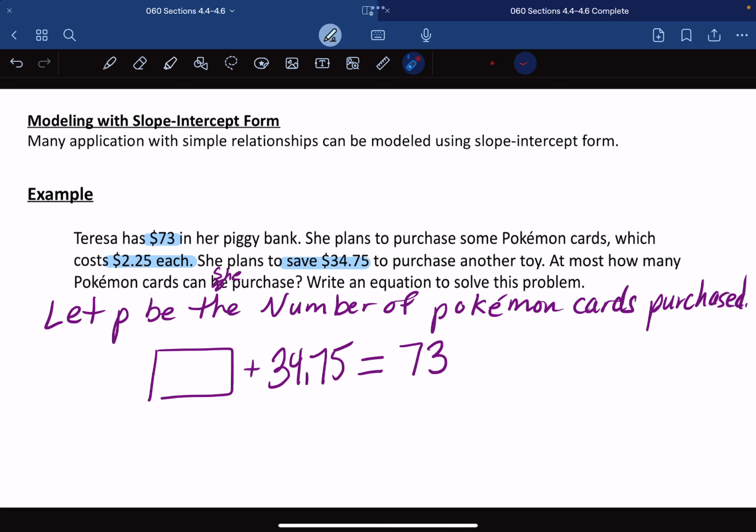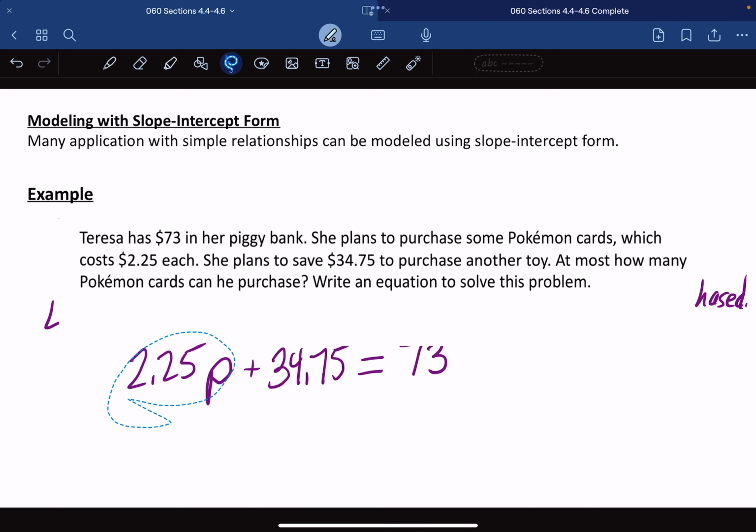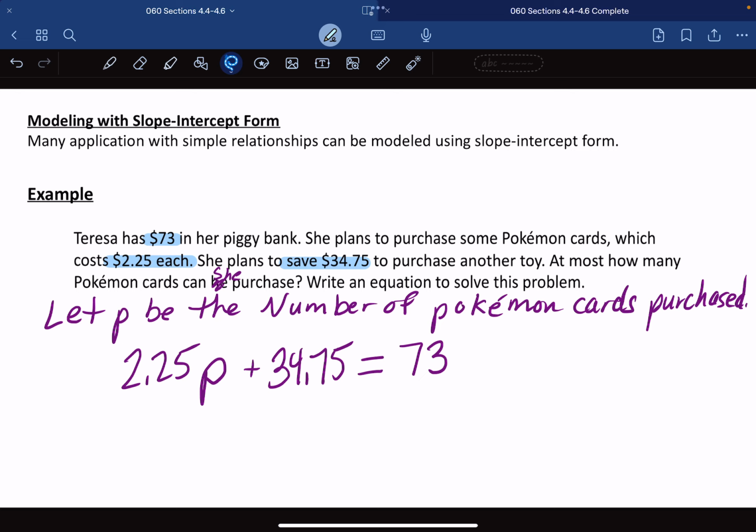If we purchase two, it'll be $4.50, and so on. So we do know we're multiplying the cost of each card by the number of cards. And that is our equation.